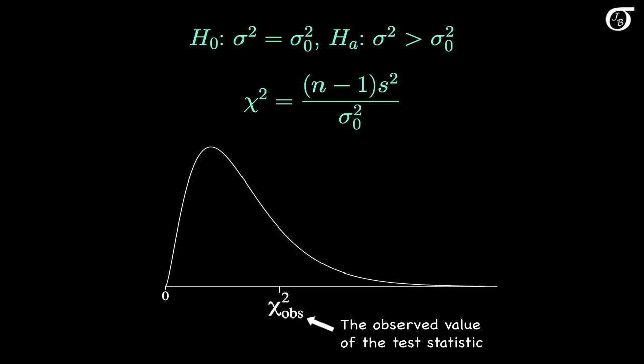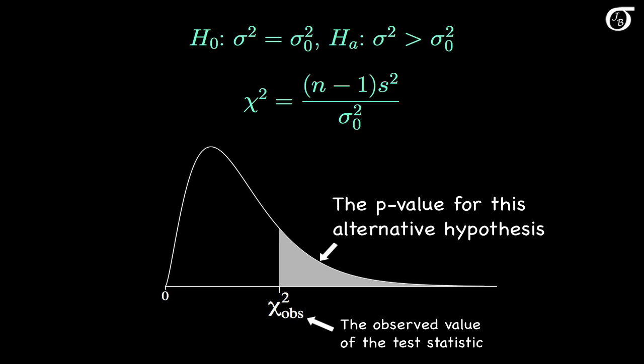The p-value is the probability, under the null hypothesis, of getting the observed value of the test statistic or something even greater. And that's simply this area, the area to the right of the observed value of the test statistic under the chi-square distribution with n-1 degrees of freedom. We typically find that area using software, but we could also use a chi-square table to find an approximate value.